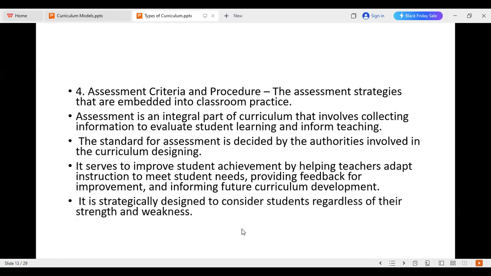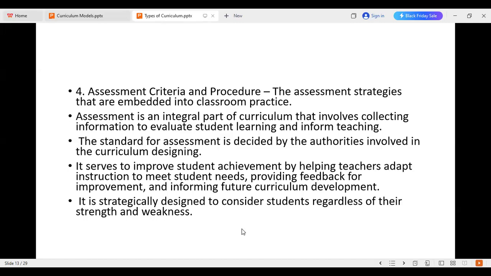Right. Finally, number 4, assessment criteria and procedure. Now performance based assessment is very popular. Rubrics. Teachers should prepare rubrics for each and every subject and do assessment. Assessment strategies are embedded into classroom practice.